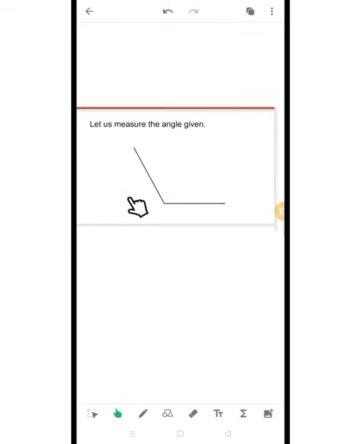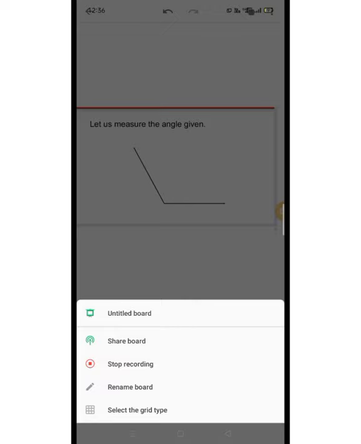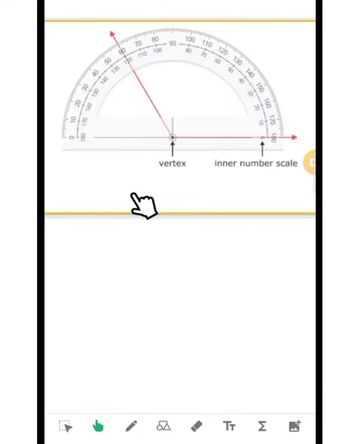Yes children, let us measure the given angle using the protractor. See here, children, step 1: place the protractor such that the center point coincides with the vertex of the angle. See the angle given like this, right?